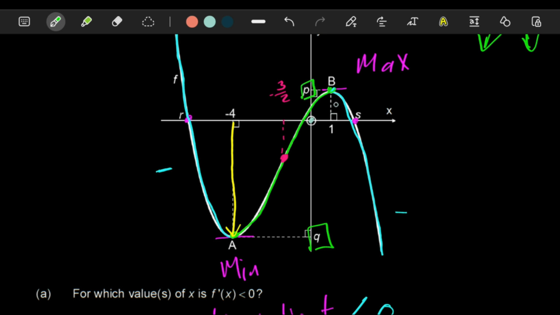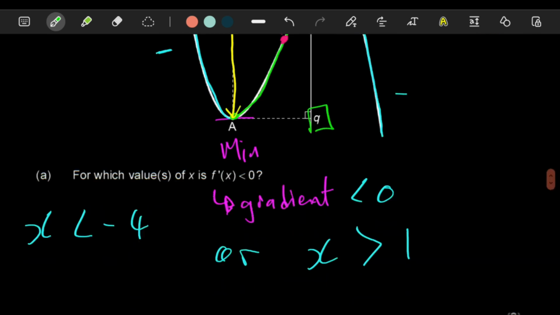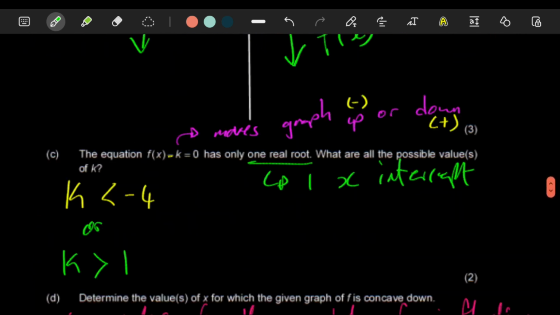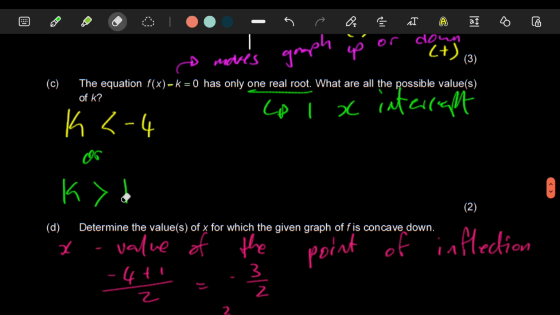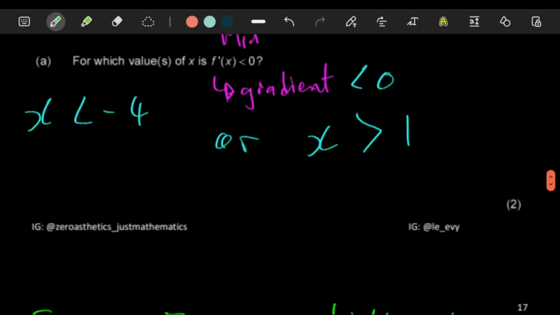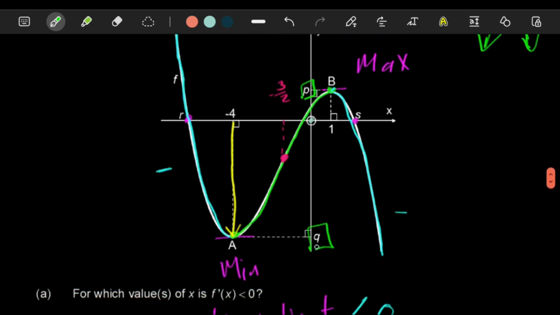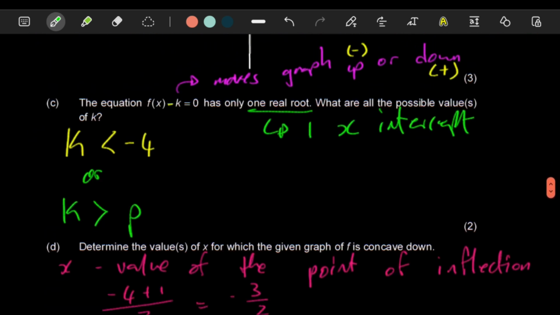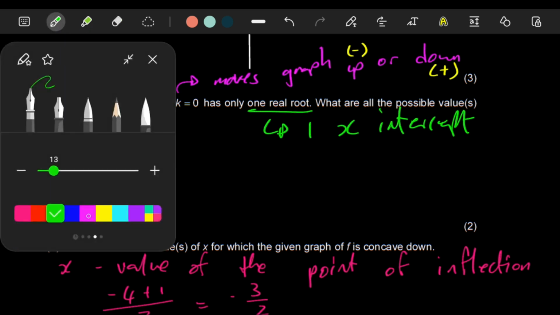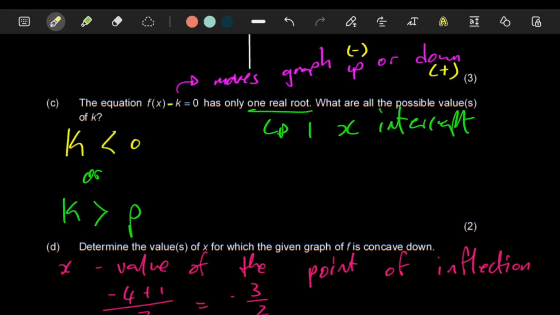So I just need to replace 1 with a p because I need to be talking about y values, and then I just need to replace the 4 with the q. And then let me just re-explain what I was doing.